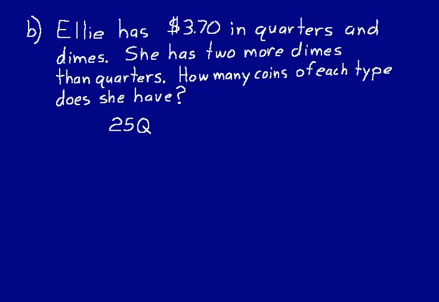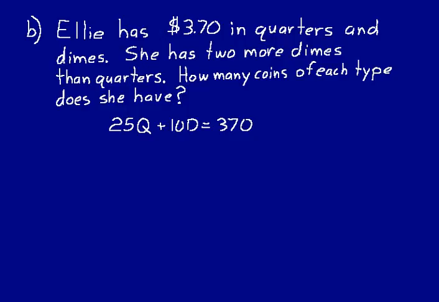The 25 stands for how much each one costs. So 25Q, and then dimes, so we'll say plus 10D. That value totals up to $3.70 or 370 cents. So we want to put everything in terms of cents so that we have all the same units.